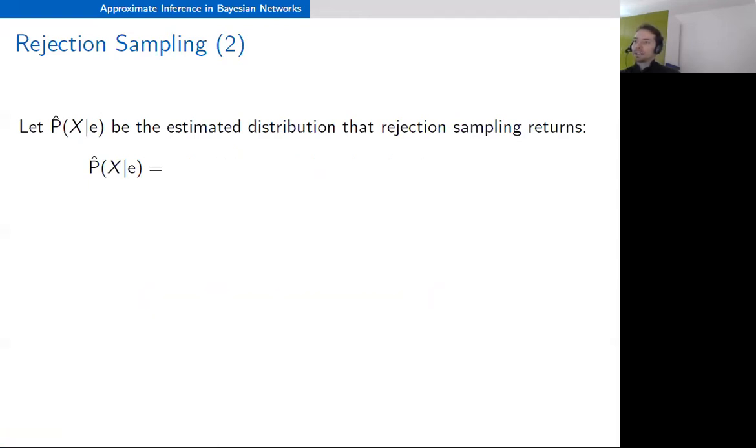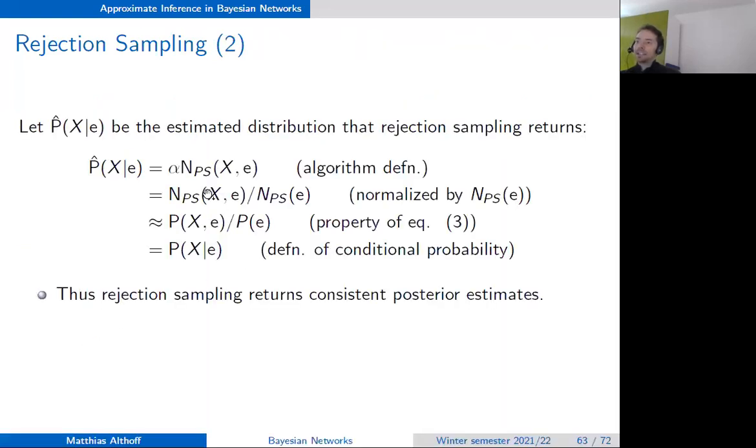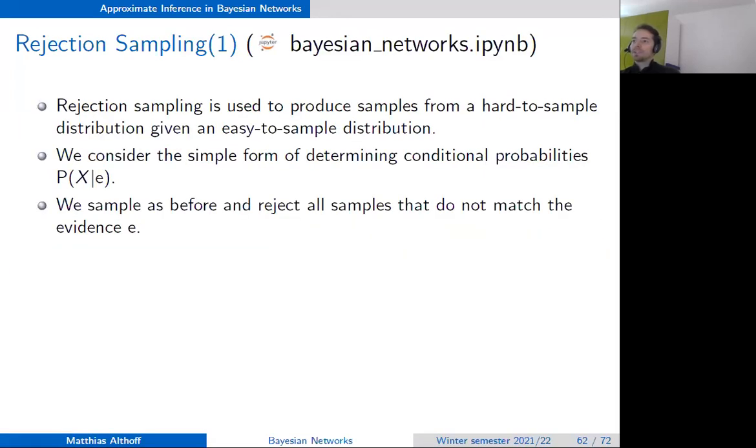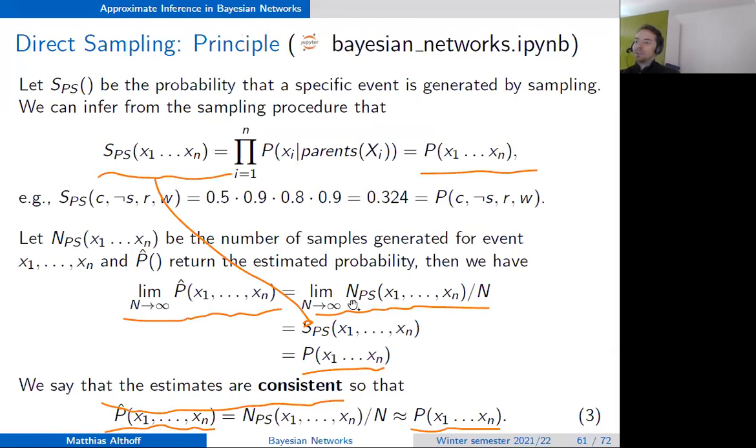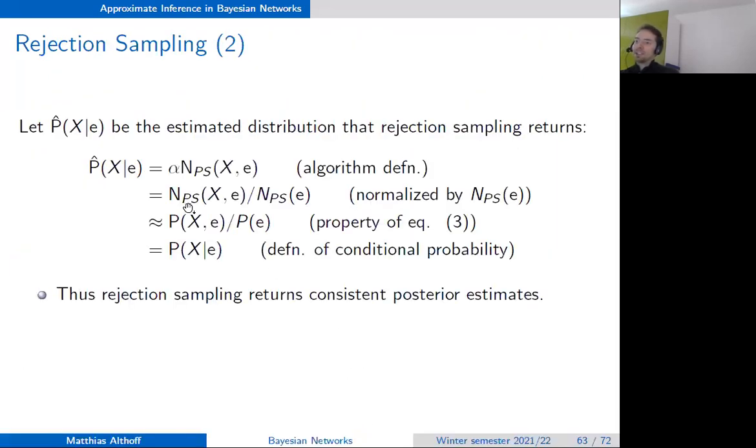So to go back, the number of cases where the evidence is true was 27, and the number of cases where rain was true was 8. So here we would have 8, and here we would have 27. And if you use again the law of large numbers, so that the probabilities will converge if the number of samples is big enough, which was shown on this slide, then you can replace the numbers with the probabilities.